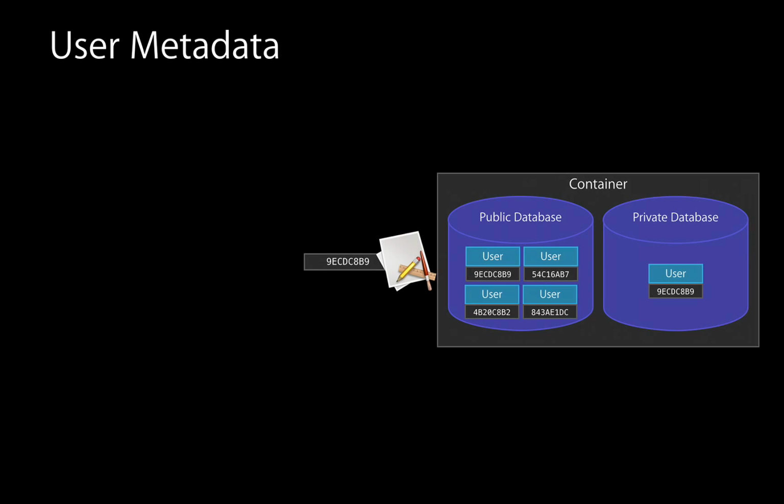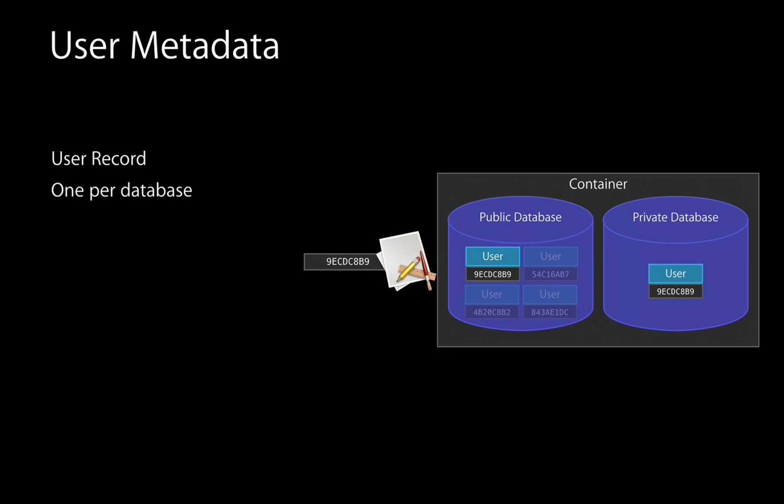That user record represents your user. There are many user records inside the public database, representing each one of the users of your application. One of them will have a record ID that matches your currently logged in iCloud user's record ID. So, user metadata, exposed via our framework as a user record.